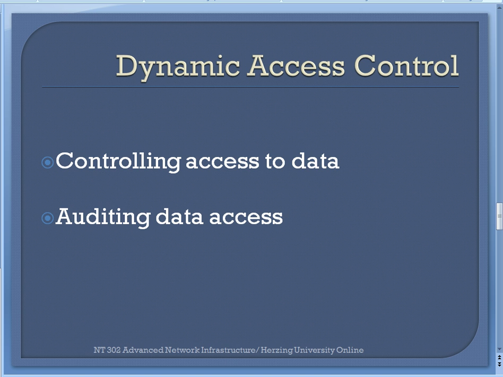Next, with dynamic access control, we can audit access to files by using central audit policies for compliance reporting and forensic analysis. For example, you could identify who accessed highly sensitive information.